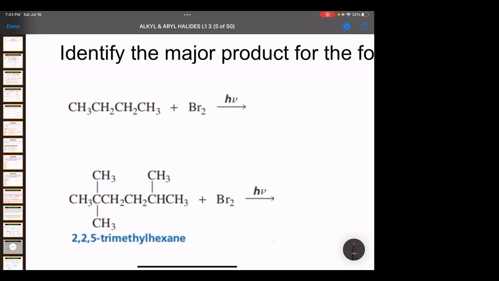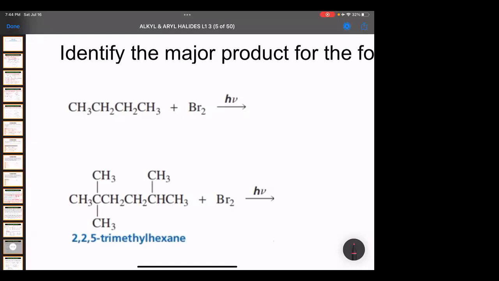Yeah, Vamsi. So bromine will be attached to the second carbon or the third carbon. So that will be the major product. Yes, there are two outermost carbons, those are primary, which are CH3. And there are two carbons in the middle, which are CH2. They are secondary because each carbon is connected to two carbons.